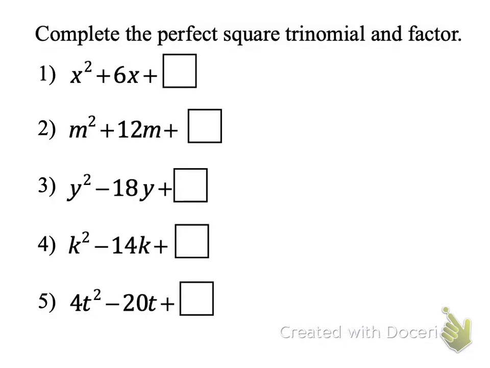All right, yeah. Couldn't you also divide both sides by 4 and get t squared minus 5t? So you get t squared minus 5t, t squared.